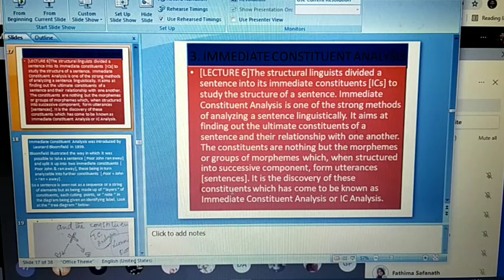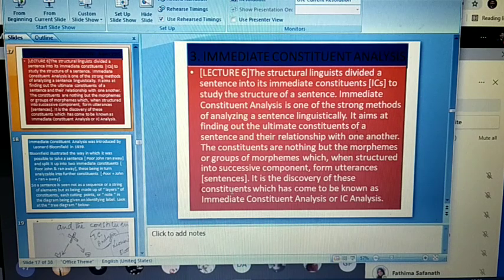The ultimate constituent. All right. Remember, this is one of the structural methods. Immediate constituent analysis is a kind of analysis in which grammarians divide the sentence into different parts or different constituents.